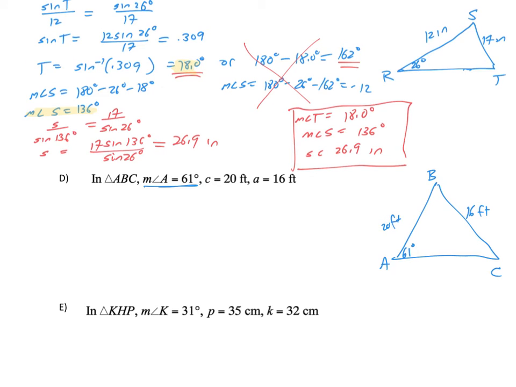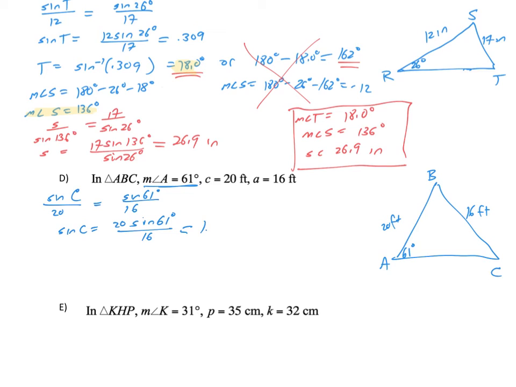And so we will begin our analysis by solving for angle C, since we know the opposite side, which is 20 feet. So sine of capital C over 20 is equal to sine of 61 over 16. Multiplying both sides of the equation by 20, we get sine of C is equal to 20 times sine 61 over 16.